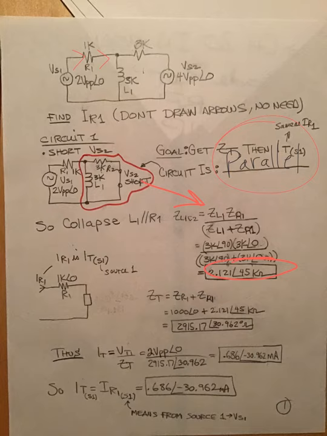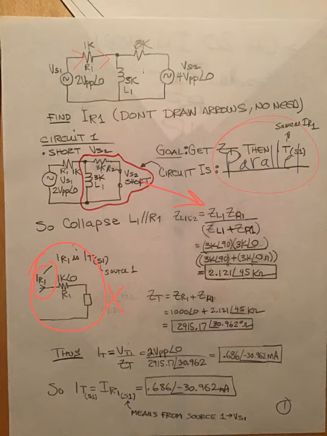So we've got a good value there. And we collapse the circuit. Now the circuit collapses to this circuit right here. And you notice how quickly we get to a series circuit. Now what we're after is this current, which is part of this series circuit.